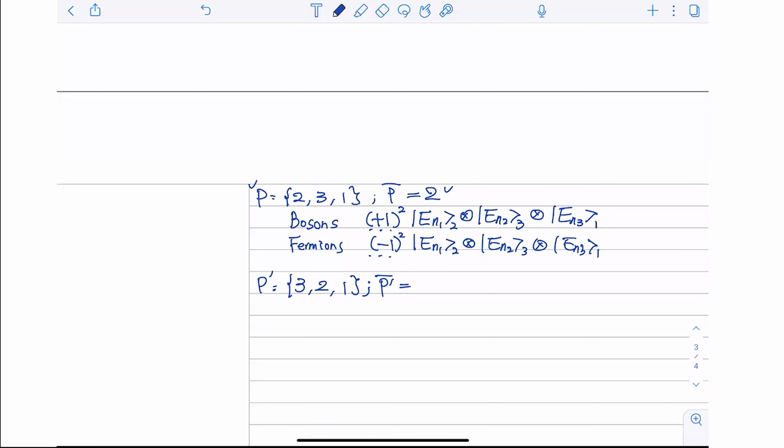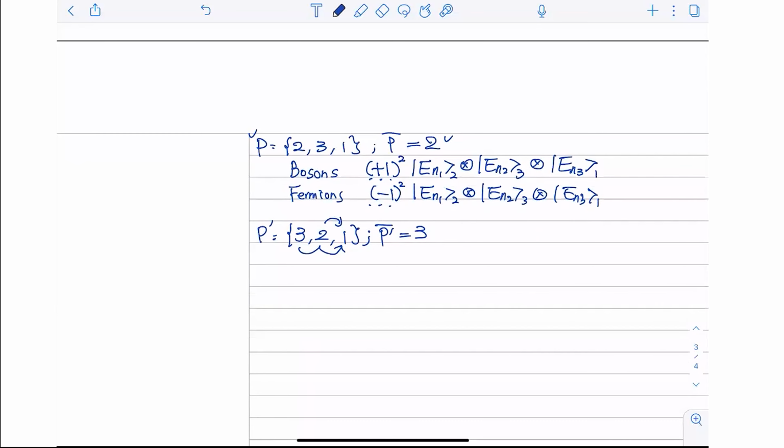In order to make it into the order that we want, we need to shift 3 twice to the most right-handed position. And then after we perform that, we need to shift 2 with 1 in order to get the right order. So P prime bar is actually 3. So we need to have a term that is going to be proportional to eta to the cube.